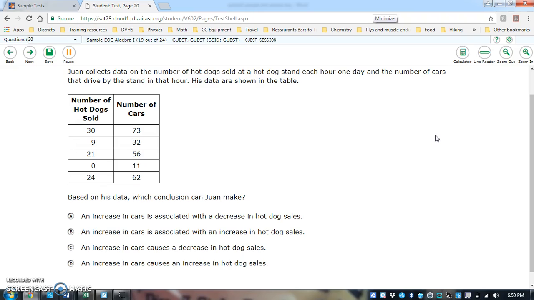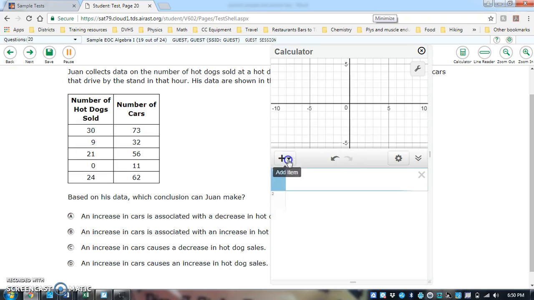An increase of cars is associated with an increase of hot dog sales. An increase in cars causes a decrease in hot dog sales, and an increase in cars causes an increase in hot dog sales. So let's just go ahead and put this table in our calculator. I'm going to select Add Item, and I'm going to select Table.